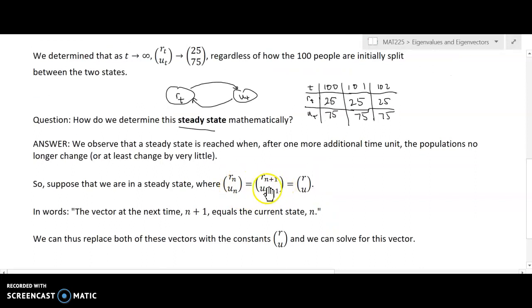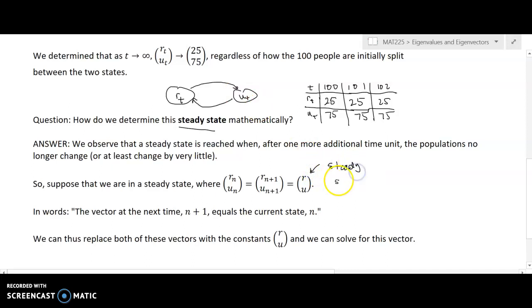So this mathematical relationship means that the vector at the next time, n plus 1, equals the current state, n. We can thus replace both of these vectors with the constants r and u, and we can solve for this vector. So let's call this vector right here the steady state vector.